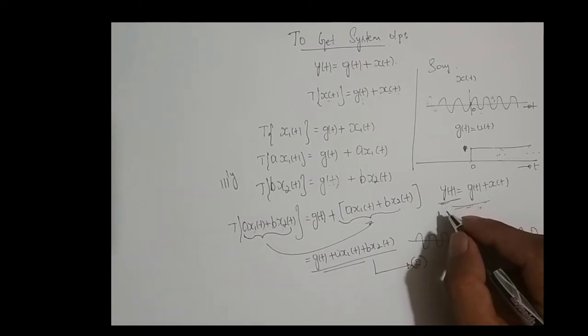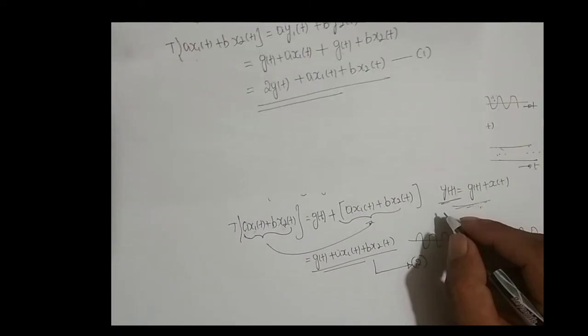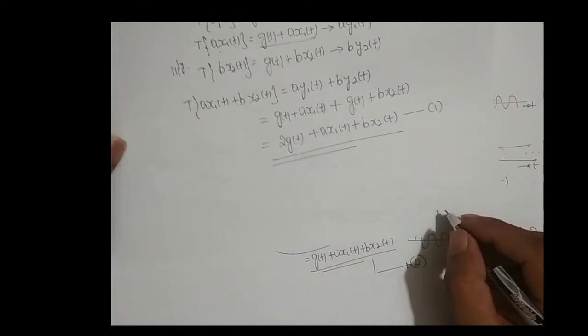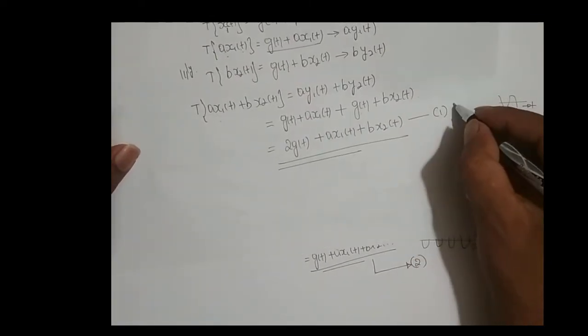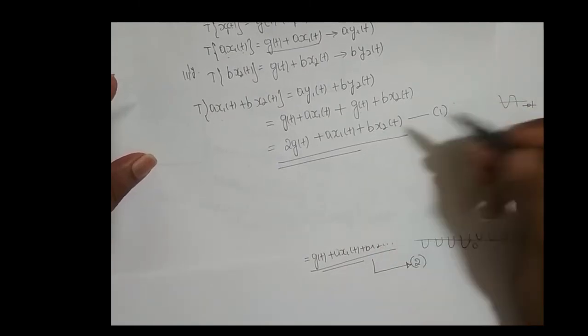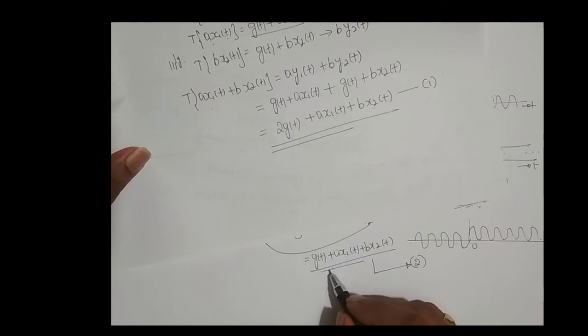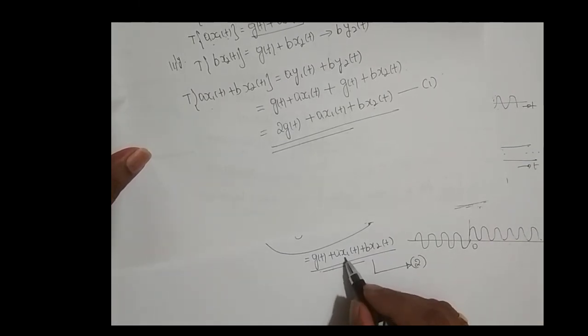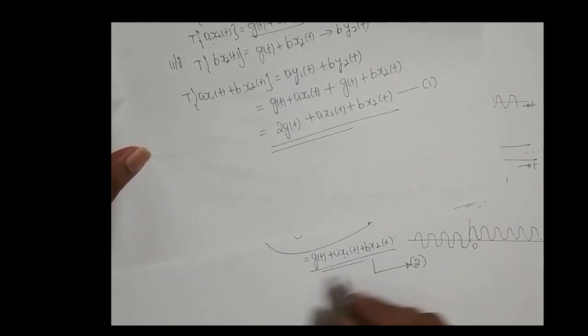The desired output of a linear system is equation 1, which is 2 times g of t plus a times x1 of t plus b times x2 of t, and the system output we are getting is g of t plus a times x1 of t plus b times x2 of t.